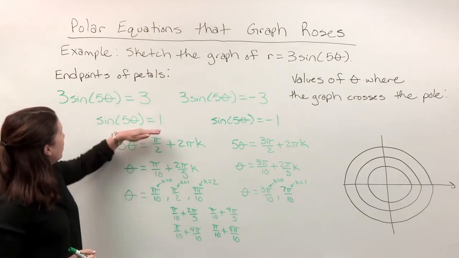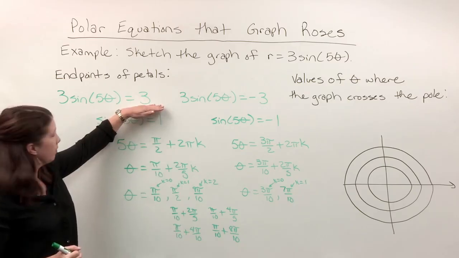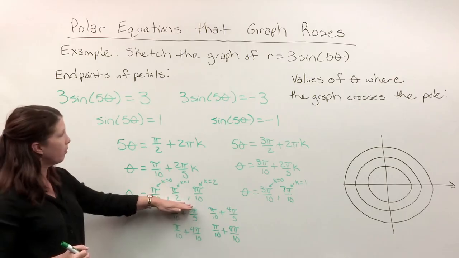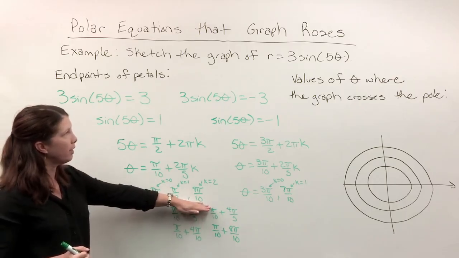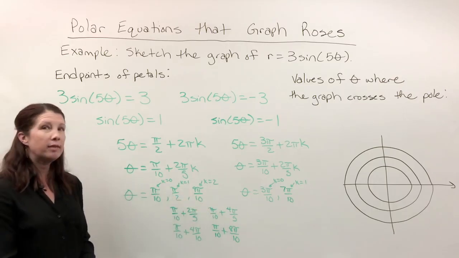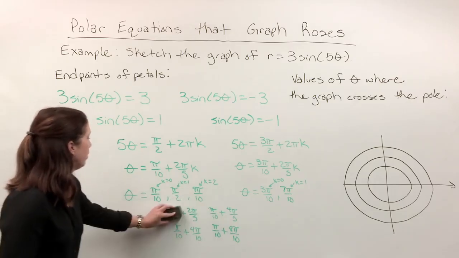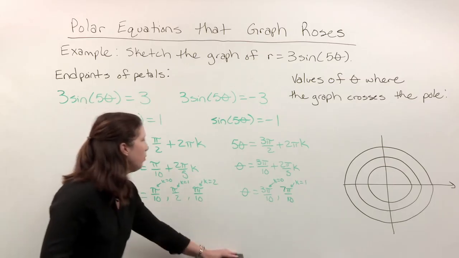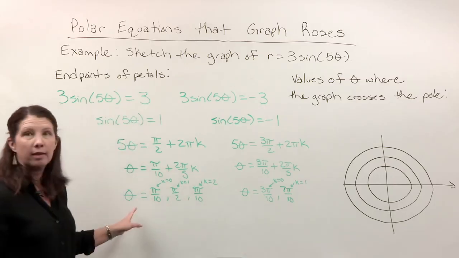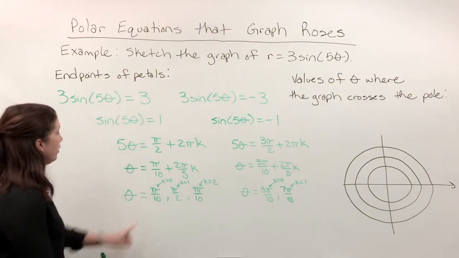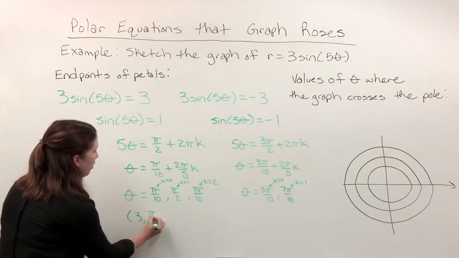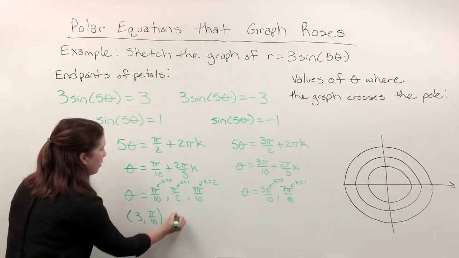you would have an r value of 3 and a theta value of pi over 10, pi over 2, and 9 pi over 10. So let's list these ordered pairs. As I list them, I'm going to list them in order of theta, going in ascending order. So my first ordered pair would be 3, pi over 10.